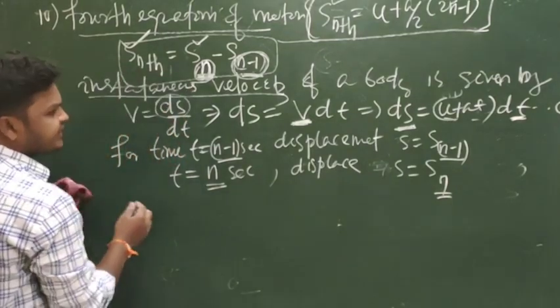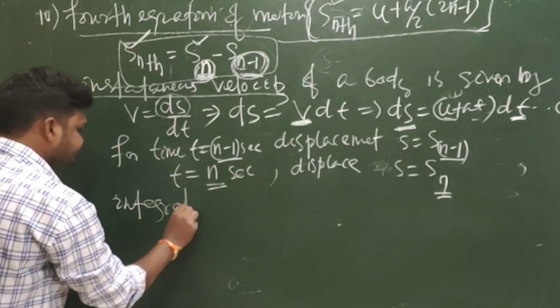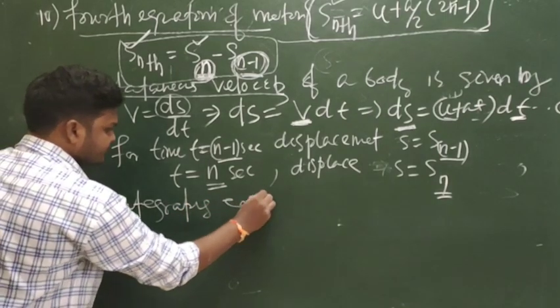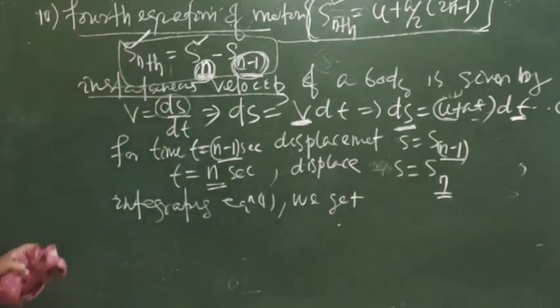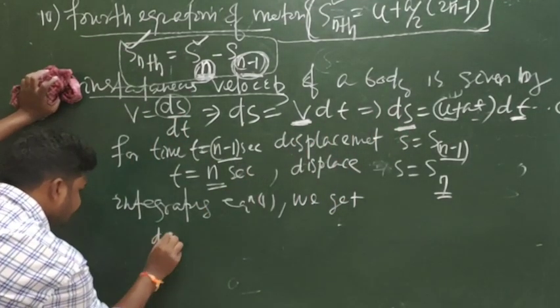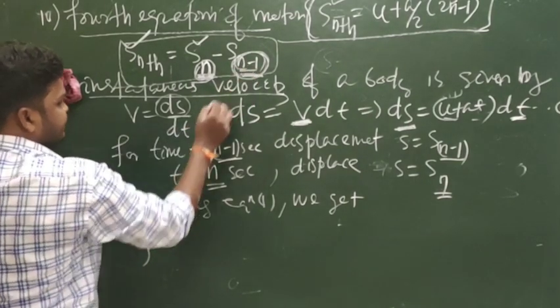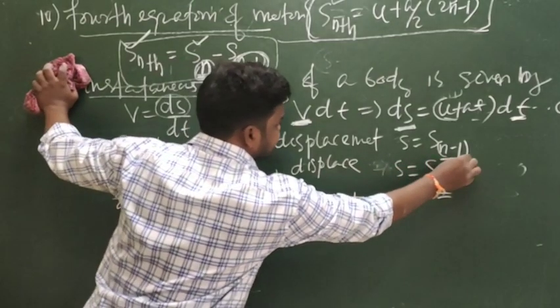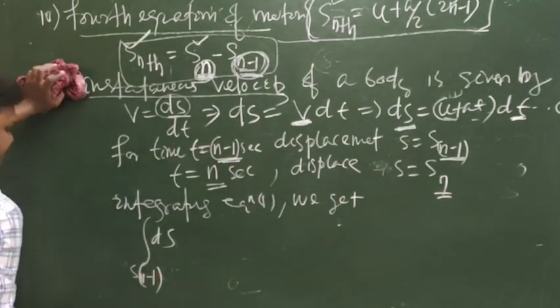Then now we integrate the equation. Integrating equation 1, we get ds integration. Initial time is n minus 1 second, so the initial distance is s_(n-1).